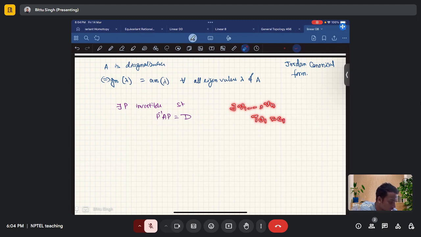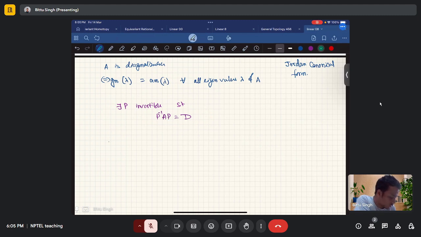For example, Tv1 is c1 v1, Tv2 is c2 v2. So the expression of this linear operator is easy to study in this case, but this is not always true. So what can be done?